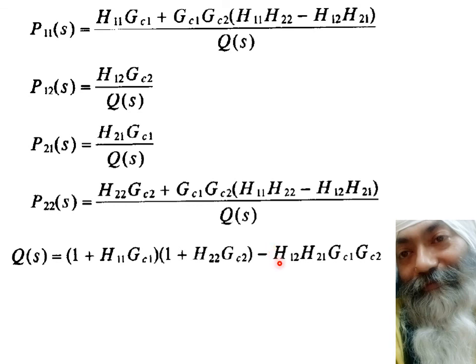So you have all these terms coming over here, and this QS is going to determine the stability of this entire system, because this is in the denominator, and you put the denominator equal to 0, you will get the poles. Poles on the left means system is stable, poles on the right means system is unstable.